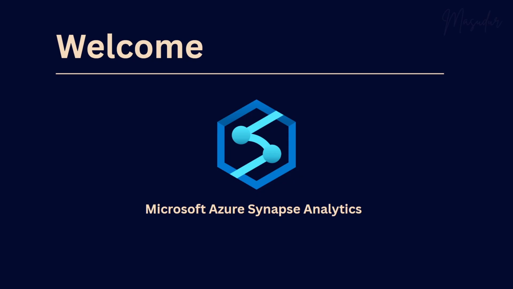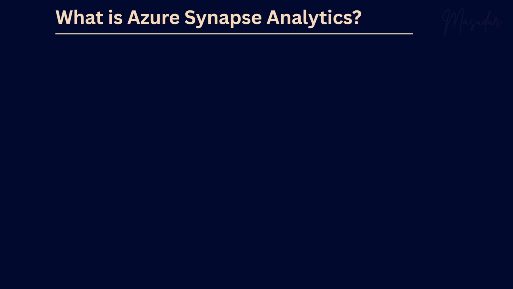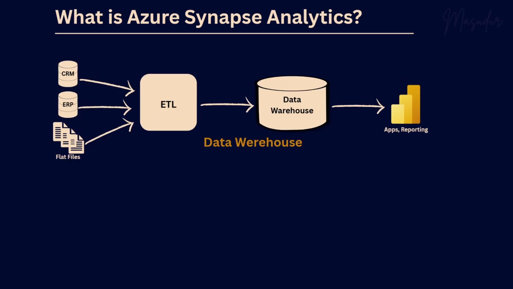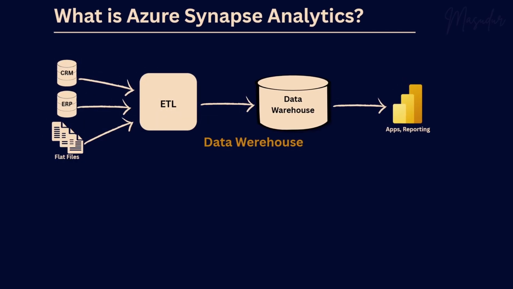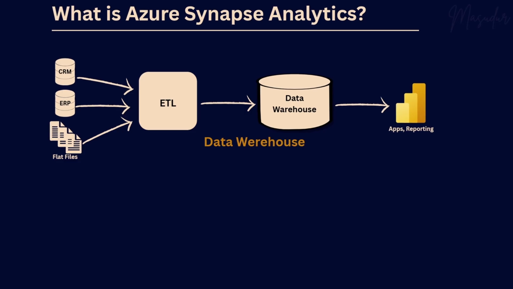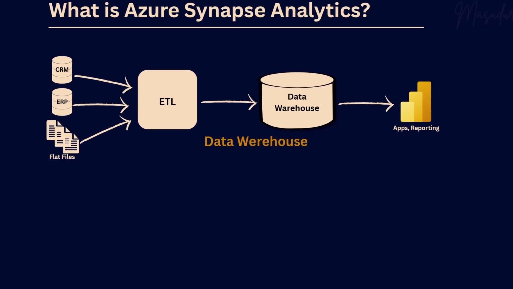Let's get started. Before diving into Azure Synapse Analytics, let's understand the basics of a traditional data warehouse setup. Here, data comes from multiple sources like CRM systems, ERP applications, and flat files.